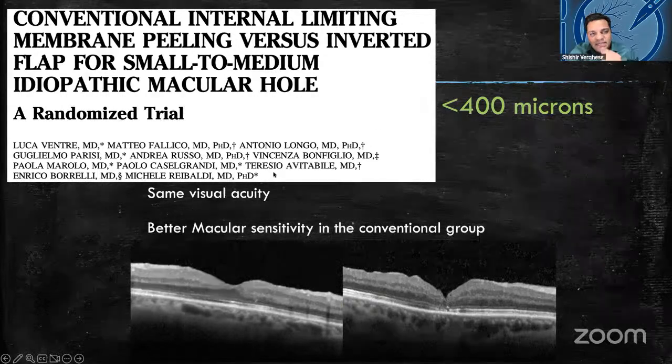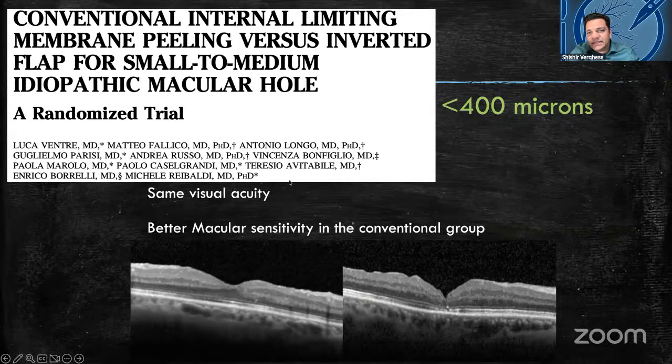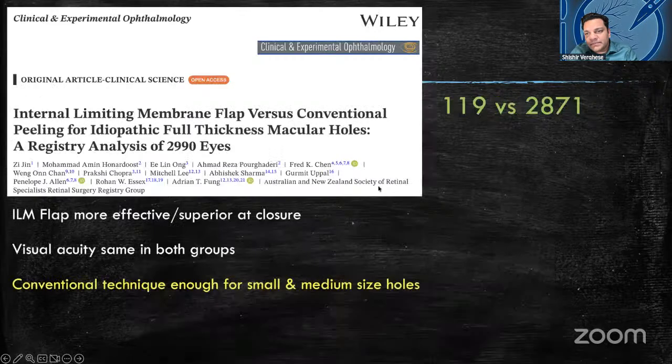This is one of the studies, a randomized control trial with around 25 eyes, and it showed that the conventional peel had better macular sensitivity as compared to the flap. They've also given an example of how the conventional peel closure is more of an anatomical closure, a U closure, as compared to a V closure with the ILM flap technique. Their limit was less than 400 microns hole size for a conventional peel.